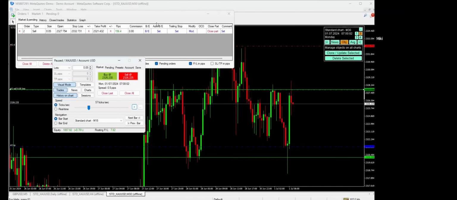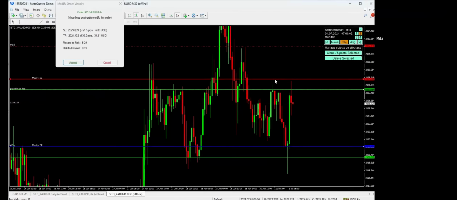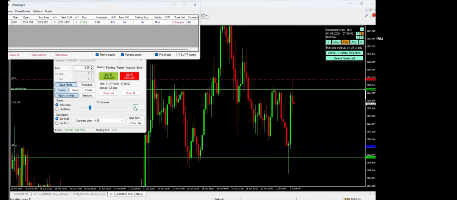So I'm just going to modify my stop loss and move it above that candle high. So now the stop loss is, well, let's call it 12 pips. And take profit is down here. So it's a nice risk reward now. Reduced it.